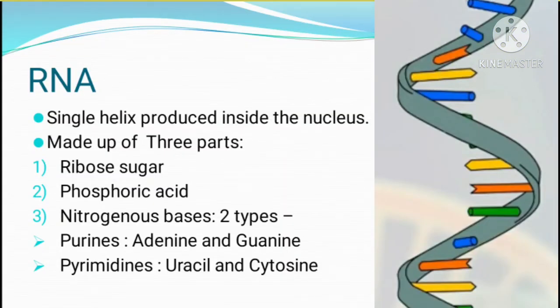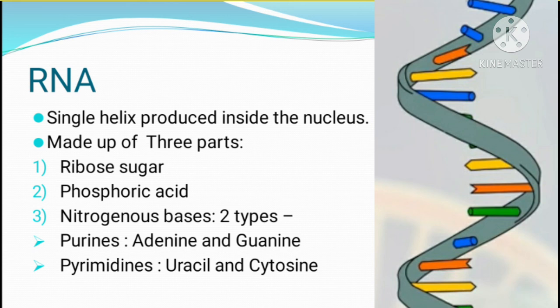Ribonucleic acid, generally referred to as RNA, is a single helix that is produced inside the nucleus. It is made up of 3 parts: ribose sugar, phosphoric acid, and nitrogenous bases. The nitrogenous bases are of 2 types, purines and pyrimidines.